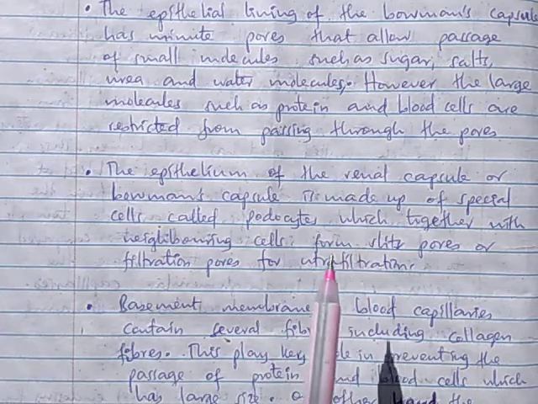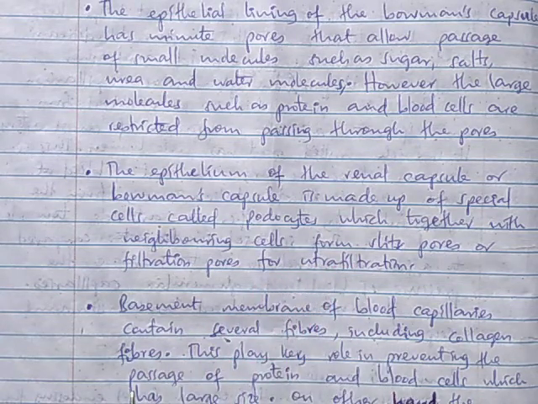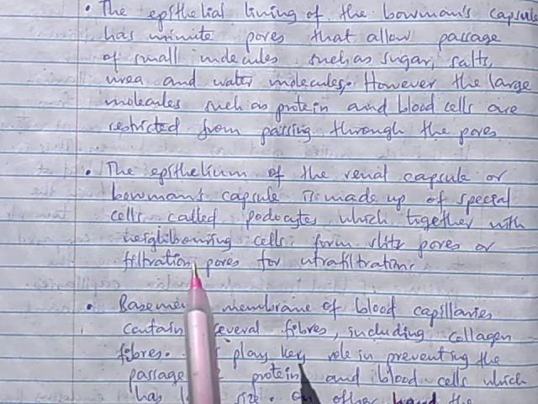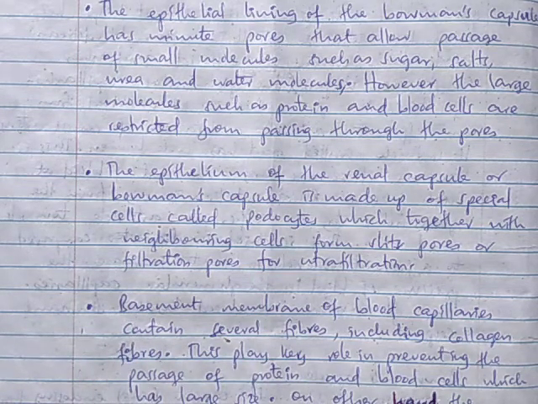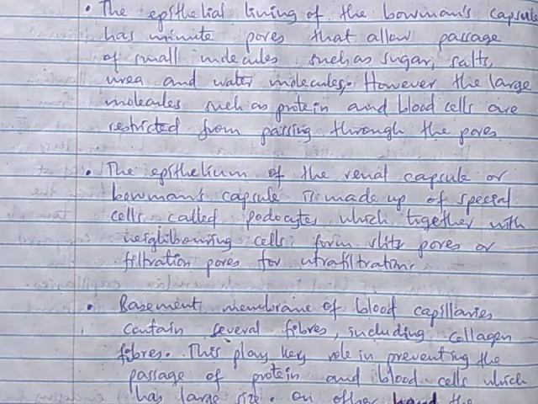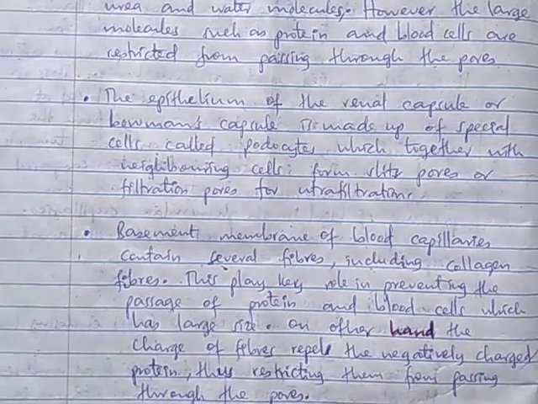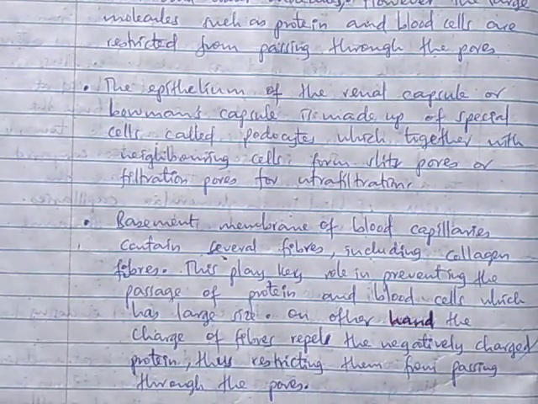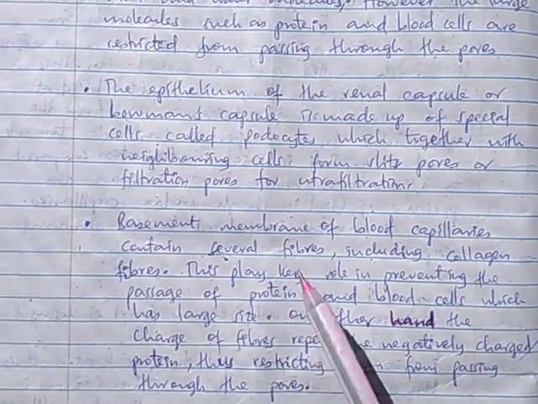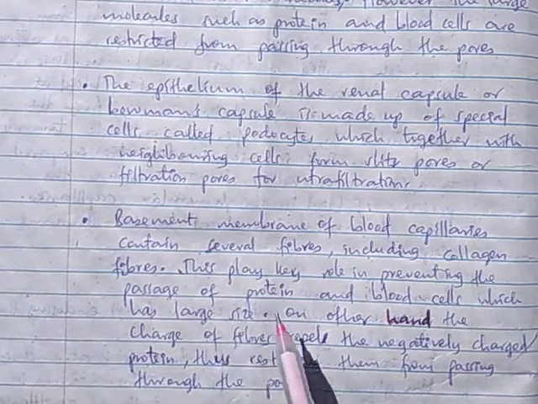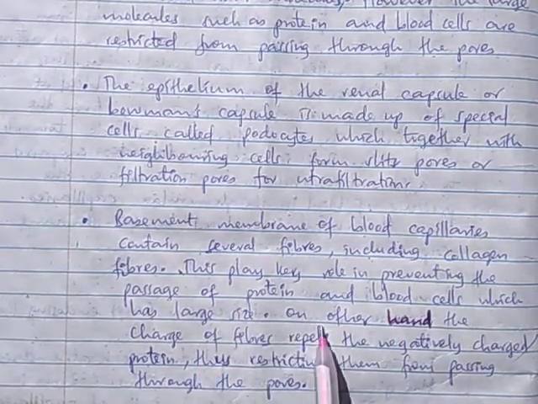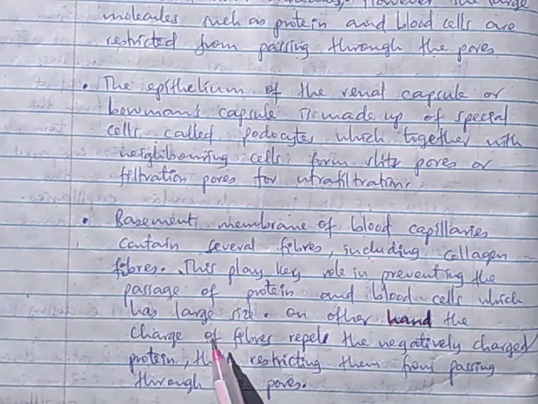Kwa kwanza tumeona kwamba epithelial lining ina small pores, lakini sasa tumeona pia epithelial cell ina special epithelial cell ambazo zinaitwa podocytes. Lakini tatu, the basement membrane of the blood capillaries contains several fibers including collagen fiber. These play key role in preventing the passage of protein and blood cell which has large size.